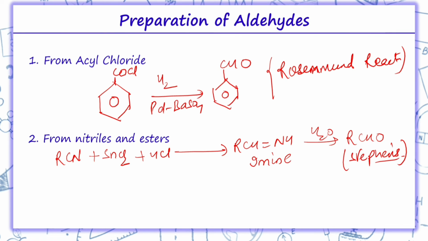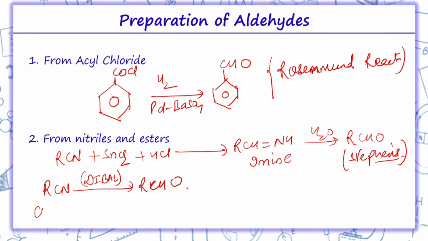Nitriles are also reduced by diisobutyl aluminium hydride, which is known as DIBAL-H. So RCN is also reduced by DIBAL-H, diisobutyl aluminium hydride. First it is reduced to imine, followed by hydrolysis it forms aldehydes.